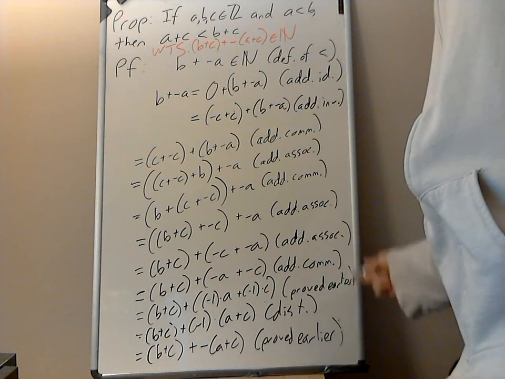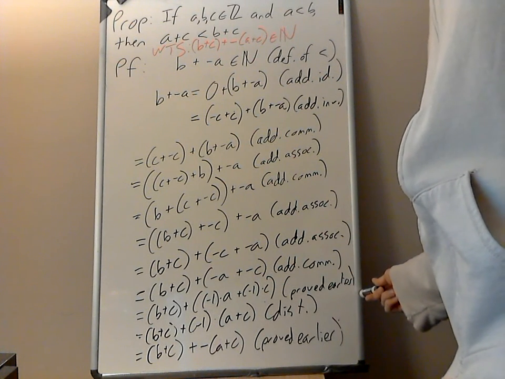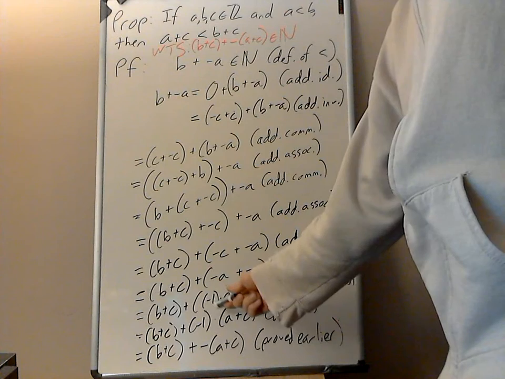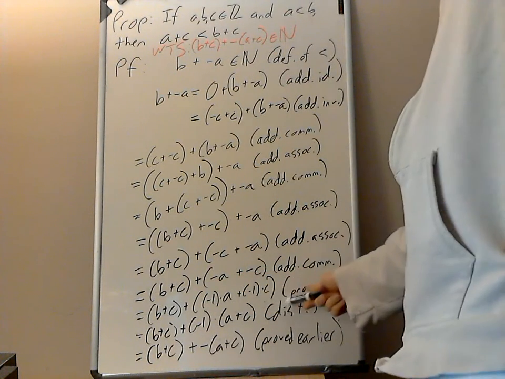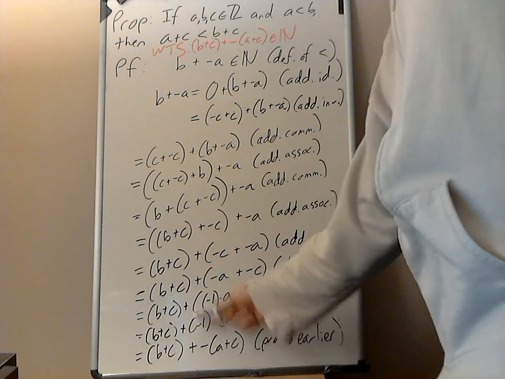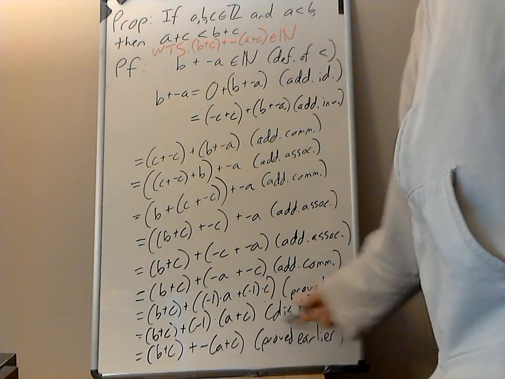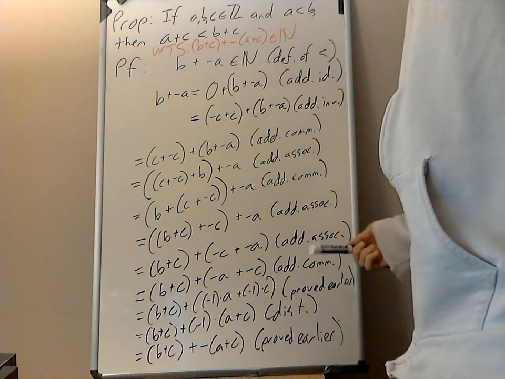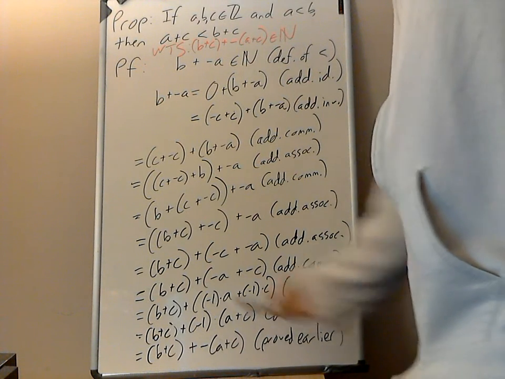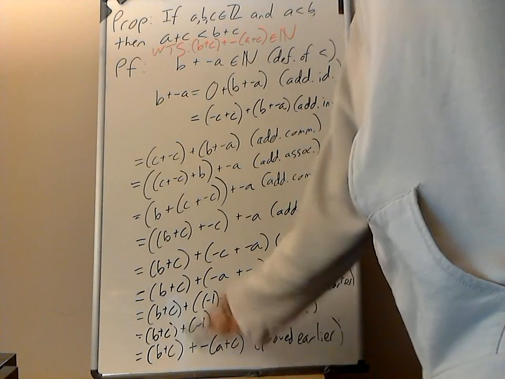And the justification is the fact that we proved earlier. Now we can use distributivity to pull out the negative 1. So negative 1 times a plus negative 1 times c is equal to negative 1 times a plus c. And that's by distributivity. Finally, we use the same property that we proved earlier to see that negative 1 times a plus c is equal to negative a plus c.